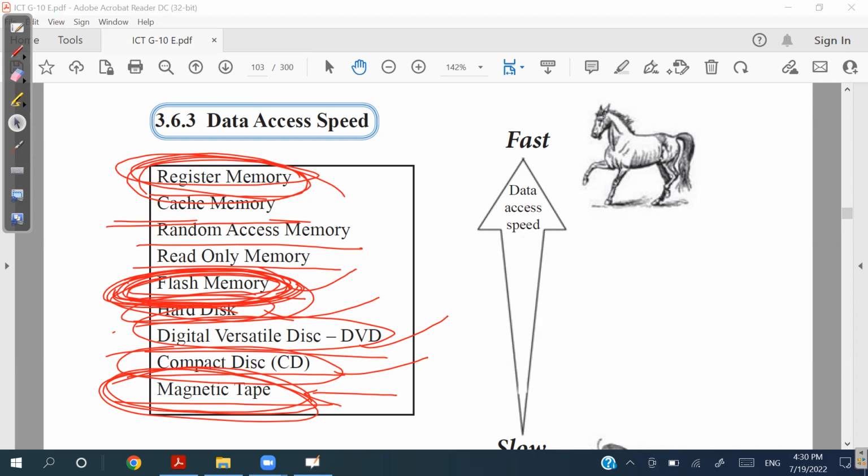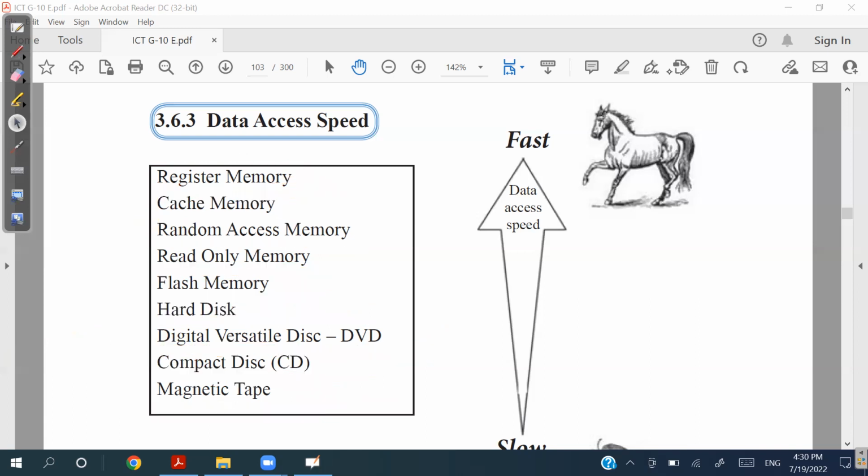Think about copying something from a flash memory or USB stick to your computer. It will copy very quickly because it is being accessed speedily. If you copy the same file from a CD, it will be done in a slower manner, even though it is the same file.